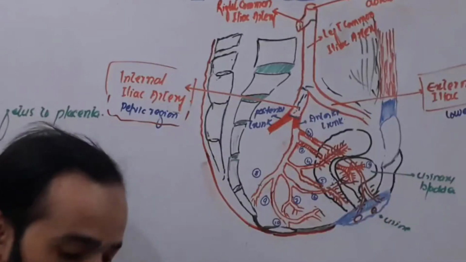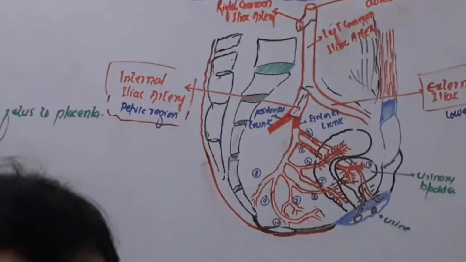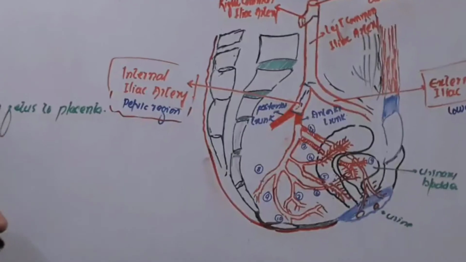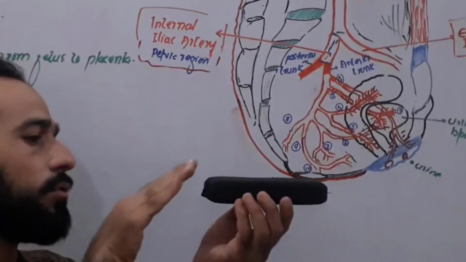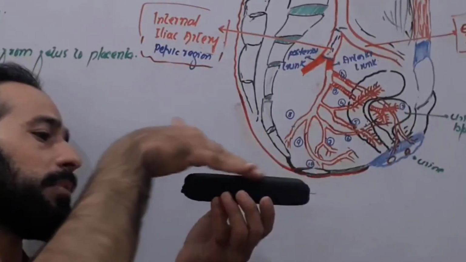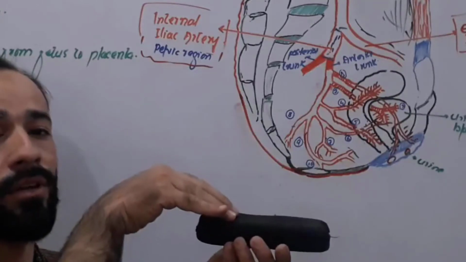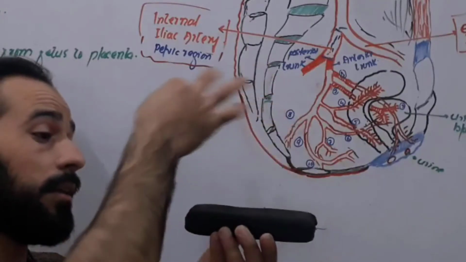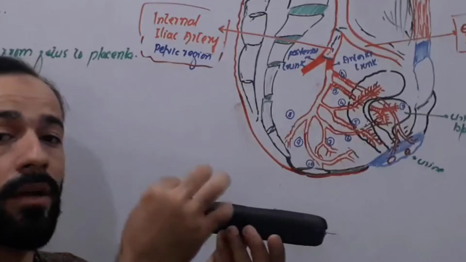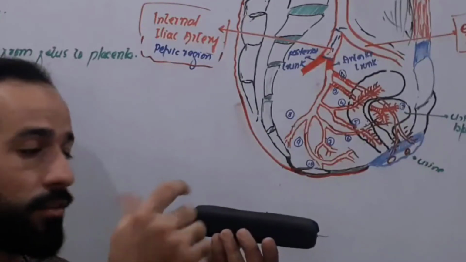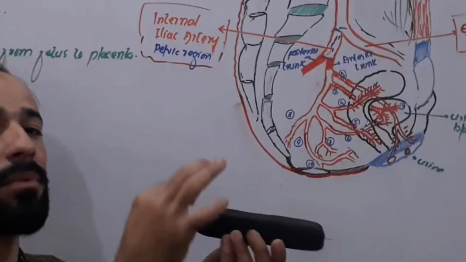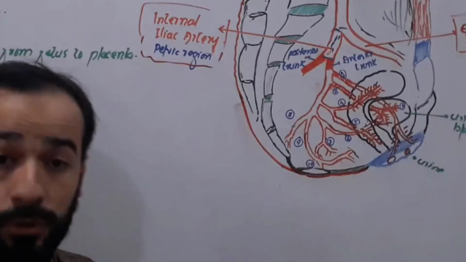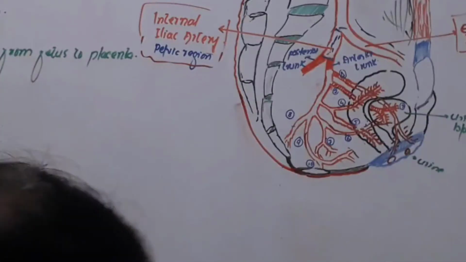It is responsible to supply blood to the urinary bladder. This artery comes like this and supplies the superior portions of the urinary bladder. Here are two ureters coming from the kidneys, so they are also responsible to supply blood to the distal parts of the ureters. Let me mention them here.